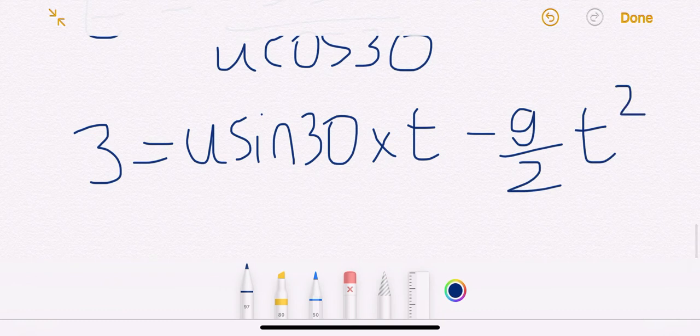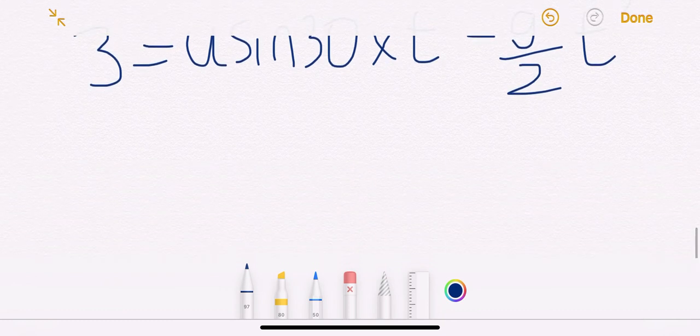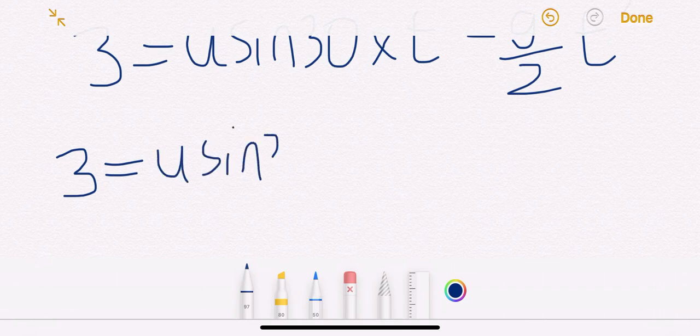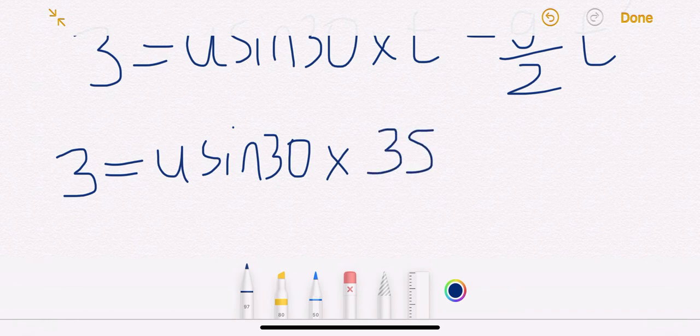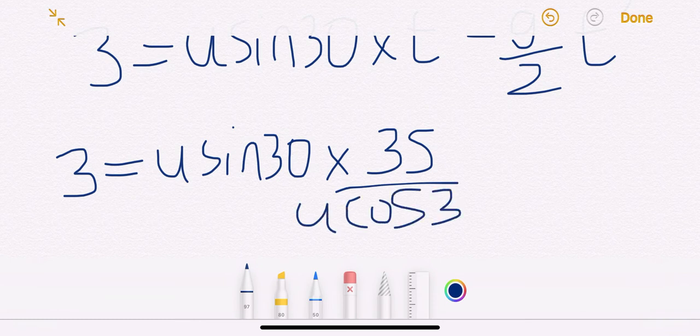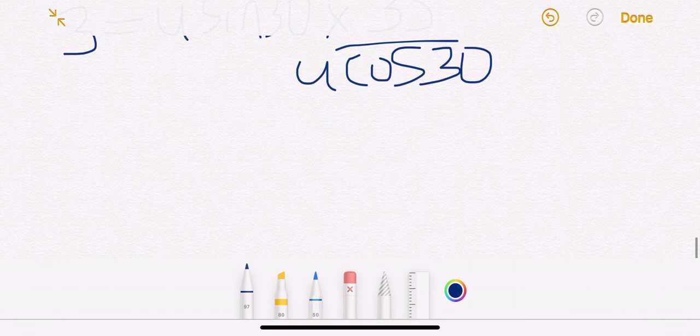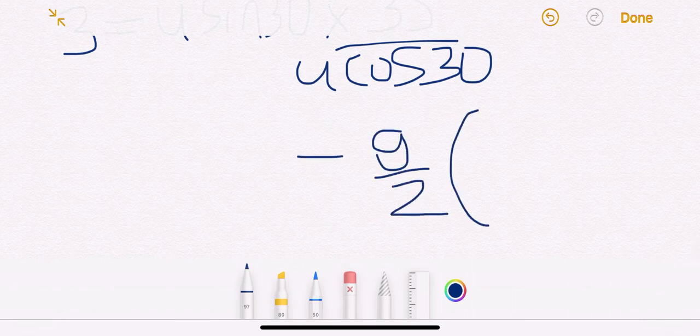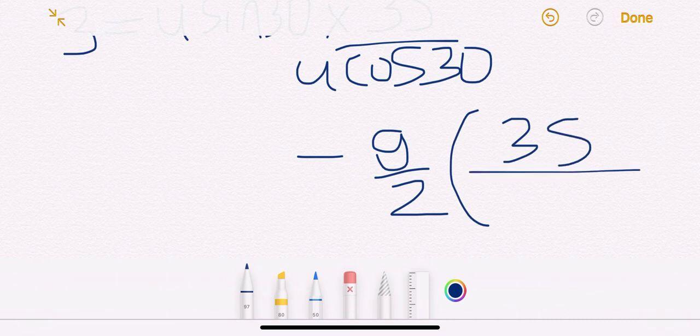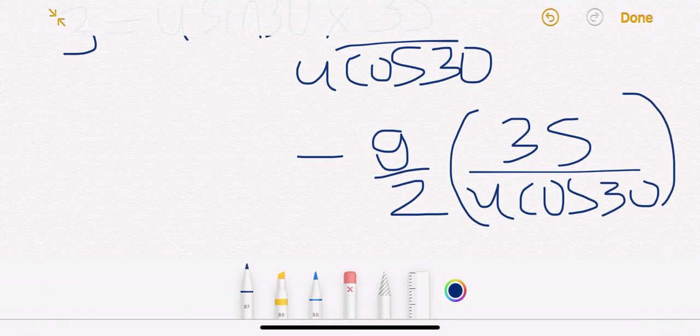If we make this t substitution, that is 3 equals u sine 30 times 35 over u cos 30, subtract g over 2 times 35 over u cos 30, all squared.